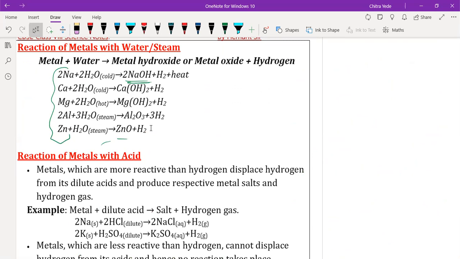So now we will discuss the reaction. Here we have the general reaction for the reaction of metal with water.